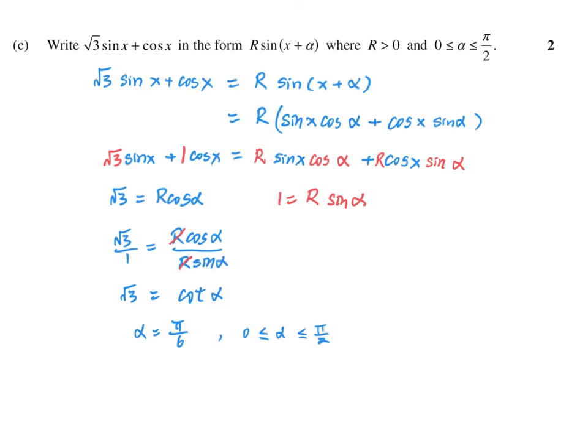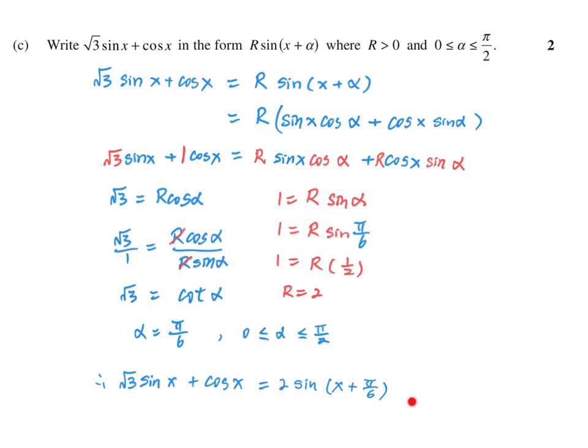On the right-hand side, we can cancel the R, and cosine alpha over sine alpha equals cotangent alpha. Cotangent alpha equal to root 3 means alpha equals pi over 6 in this range. To solve for R, we know that alpha equals pi over 6, so R equals 2. Therefore, we get our answer.